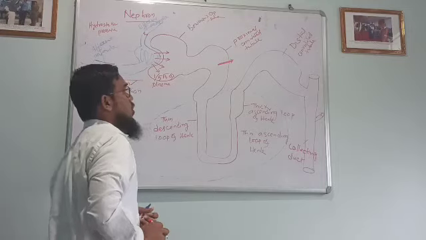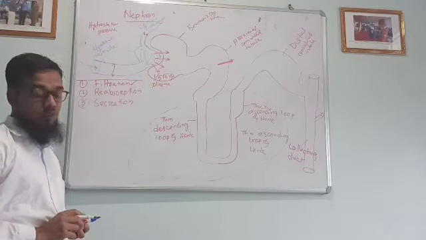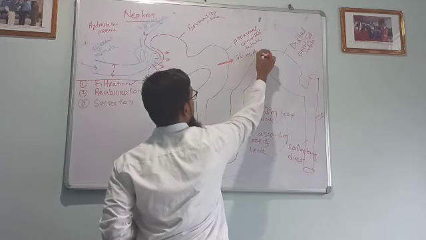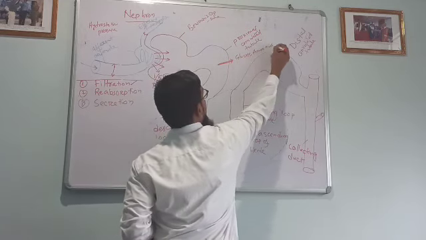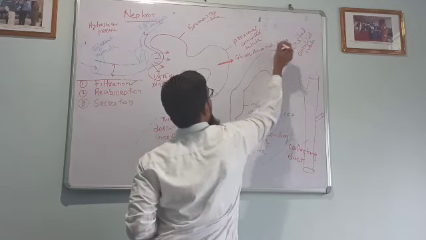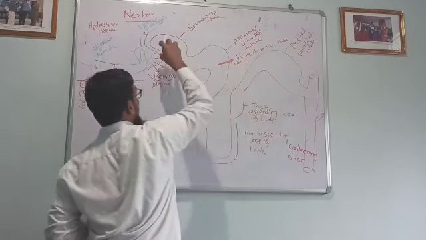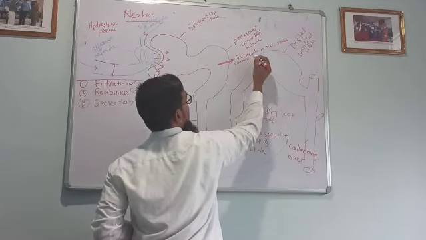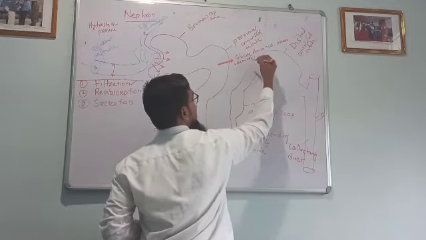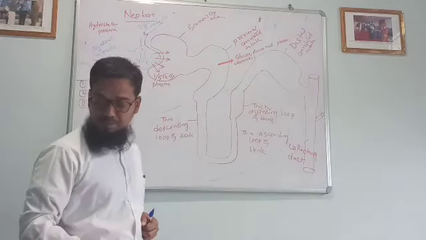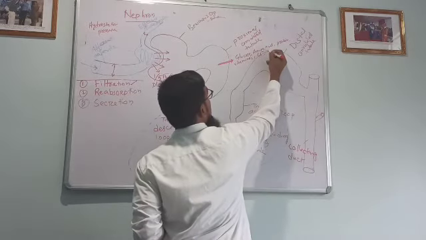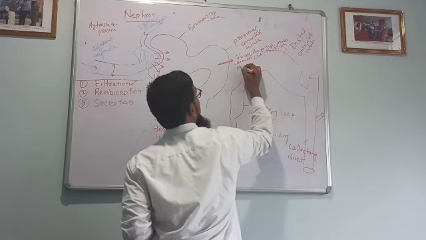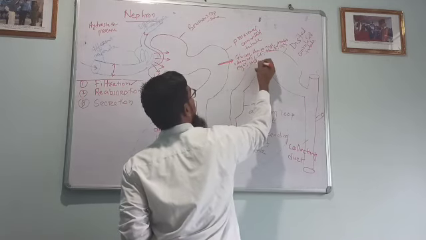What things will be reabsorbed? The most important things: glucose, amino acids, protein, and vitamins, which are dissolved in plasma after being filtered. Then also some chloride, sodium, potassium, calcium, magnesium, and bicarbonate.